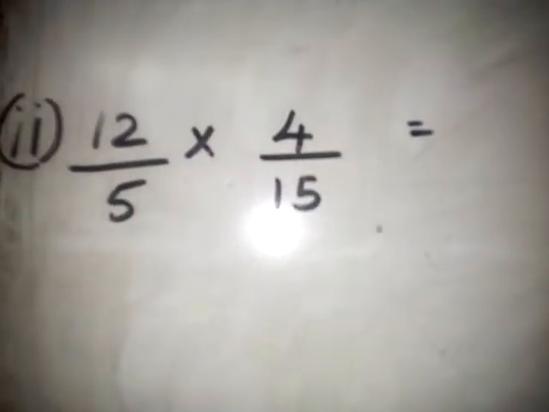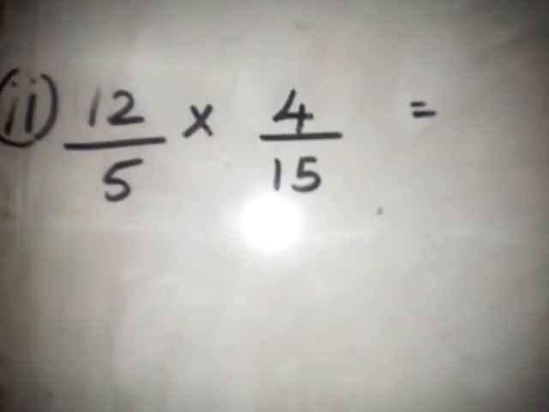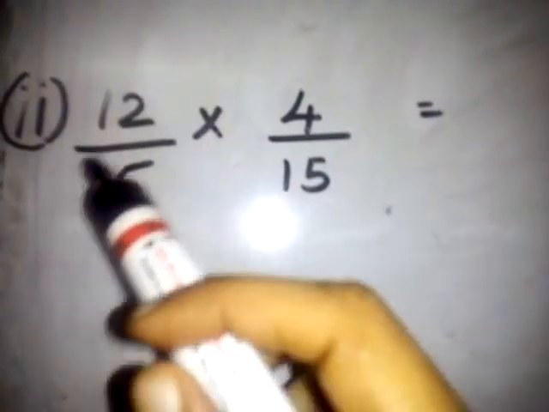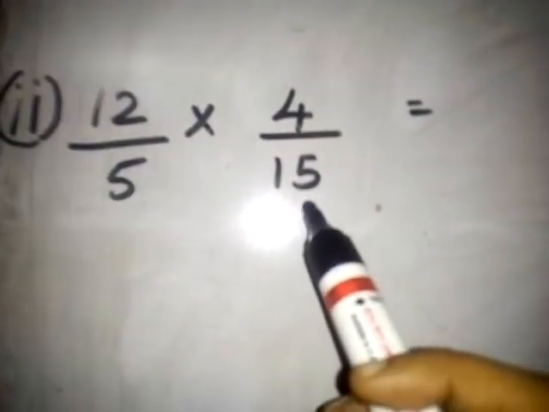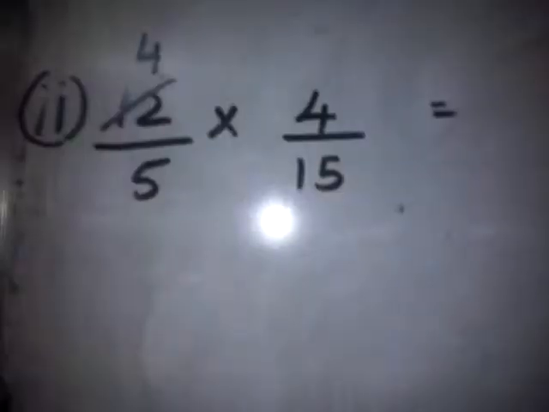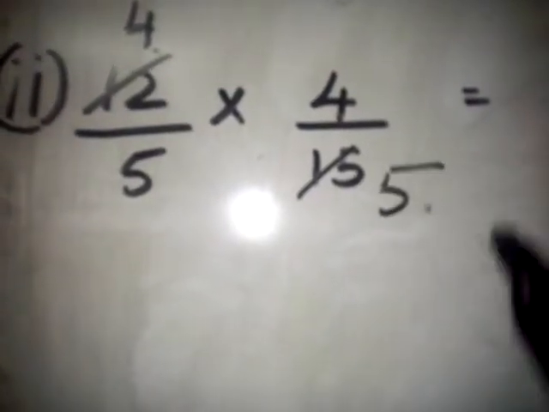Look at second one. 12 upon 5 multiplied by 4 upon 15. Now here you can do the cancellation method also. 12 and 15, both are in the 3 table. 3 4s are 12, 3 5s are 15.